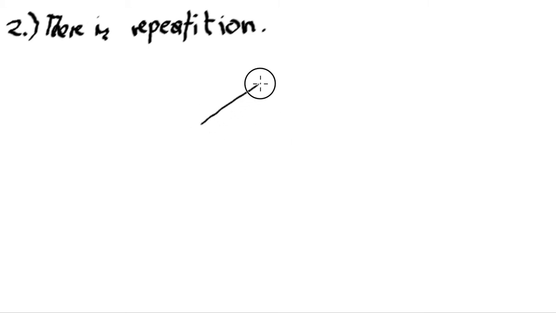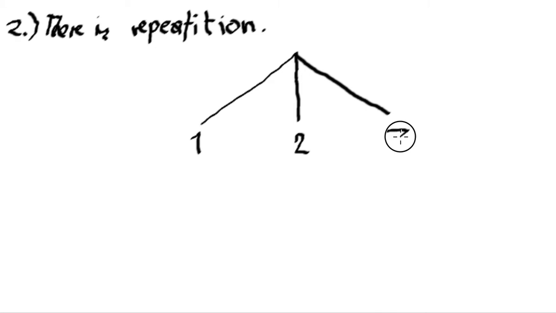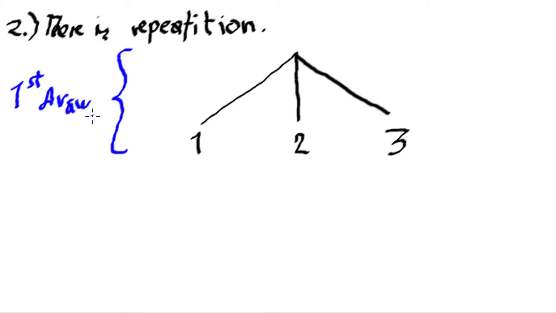So what's the tendency of this? We will have the same old for the first draw. We can get 1, 2, and 3. So this is our first draw. And for the second draw, since repetition is allowed, we can get a 1 again, whenever we got 1 in the first draw, because we put it back in the fishbowl.